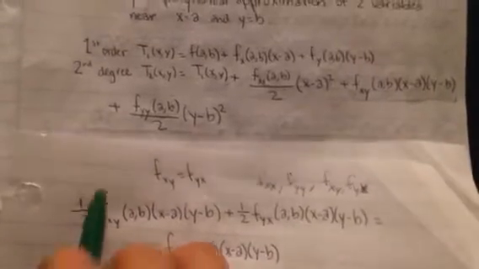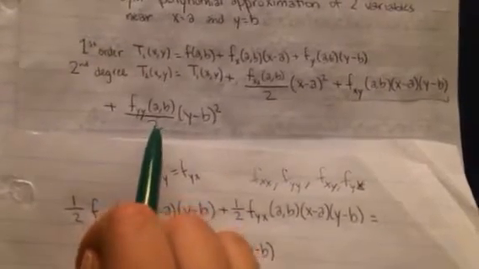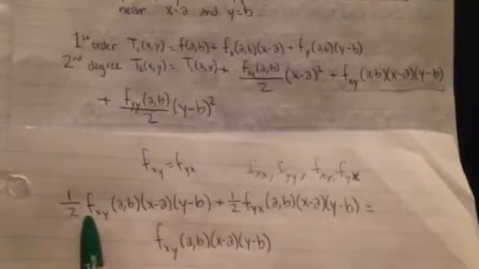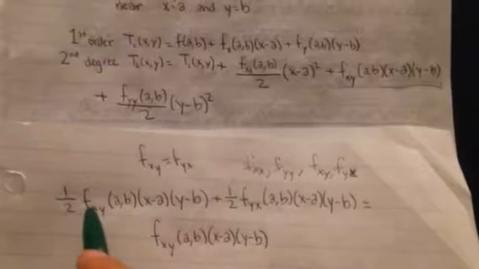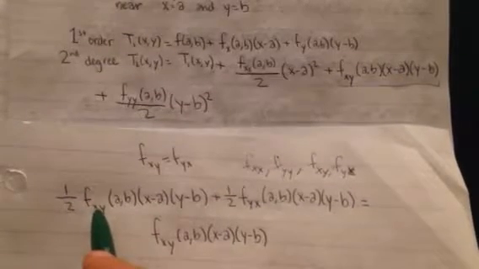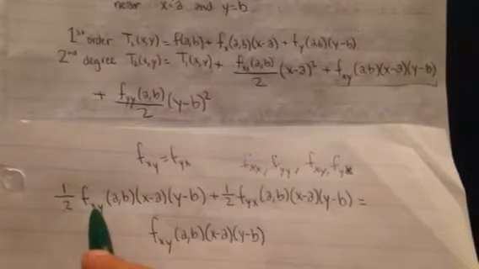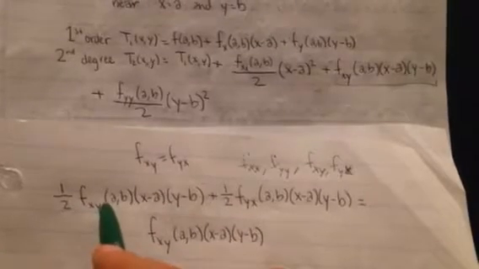So the 1/2 is the same as here when you have to divide by n factorial, and then you multiply by the nth derivative, so it's still the second derivative, but it's just the second derivative of x with respect to y.